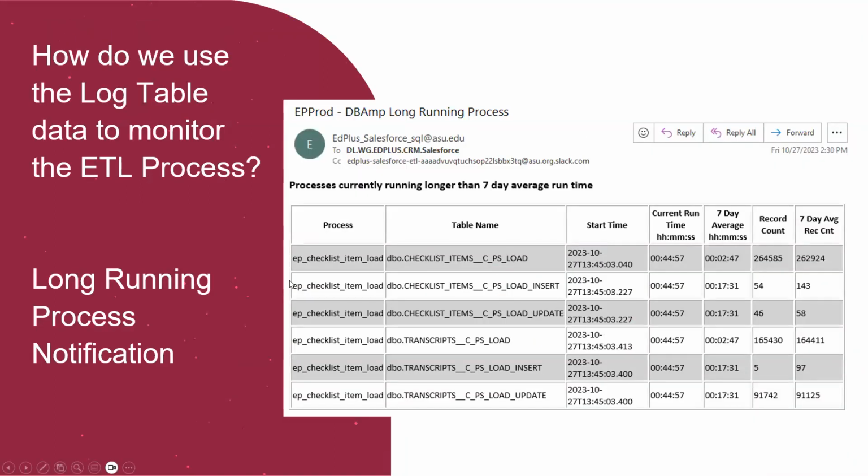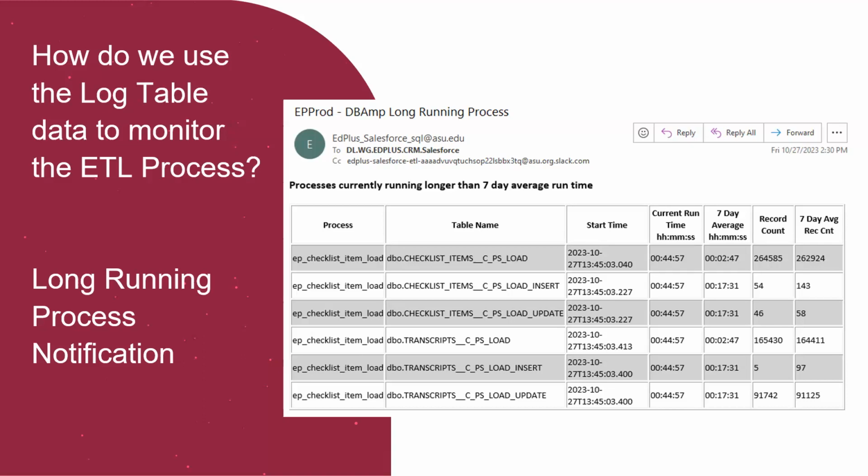Now, another thing that we use that log table for is to monitor our ETL processes. I had mentioned being reactive instead of proactive. For the longest time, it seemed like our customers were always calling us and telling us about problems with our processes, and we want to be ahead of them. So another thing we do with this log table is we've created a process called the long-running process notification.